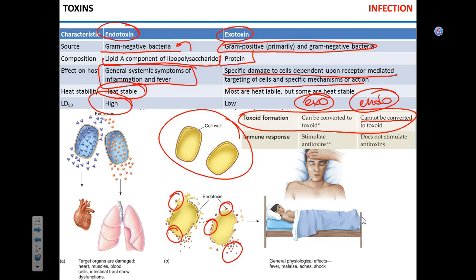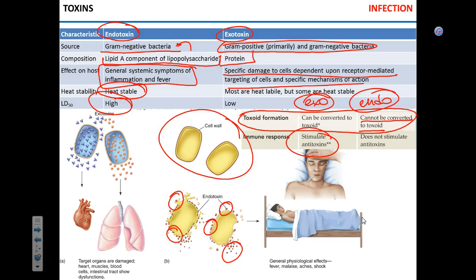Endotoxin cannot be converted into a toxoid, which means you can take a really, really small amount of endotoxin, inject it into a person, and the person will develop the symptoms, right? However, if you take a tiny amount of exotoxin and inject it into a person, the person will not develop the disease, but will develop antitoxins or antibodies, which is essentially the same.